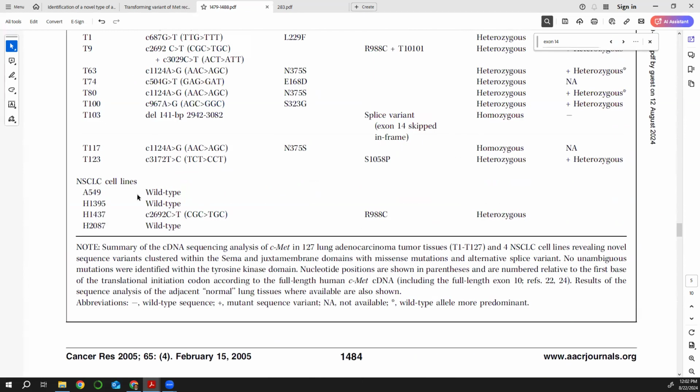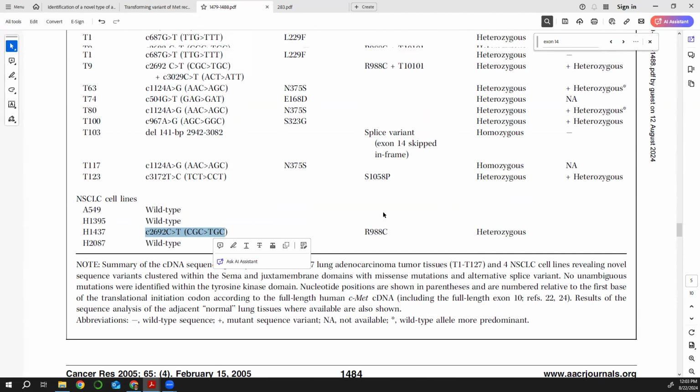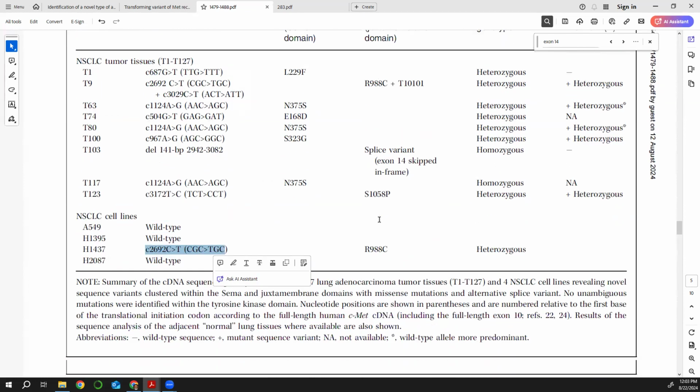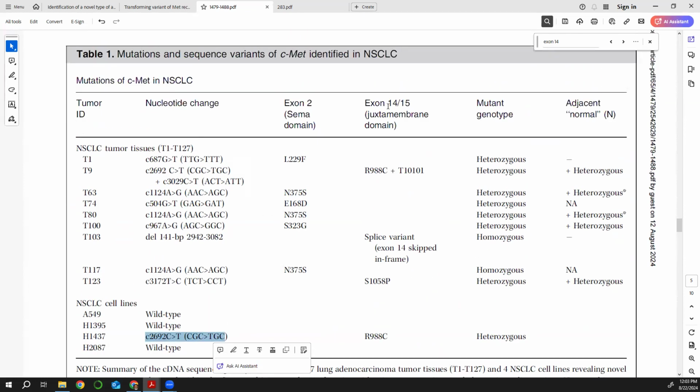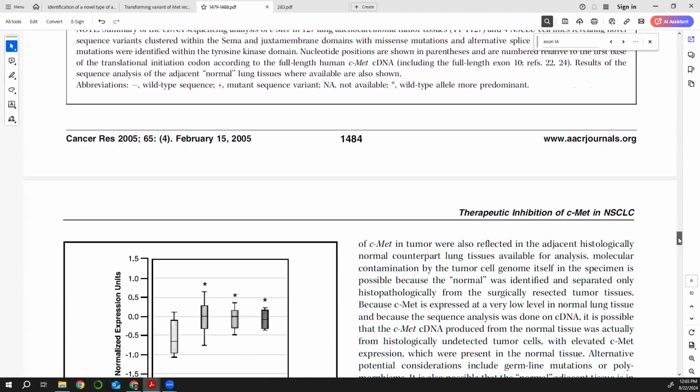I didn't talk about these cell lines, but some of these cell lines were wild type for MET. There was one that had a heterozygous mutation here in the juxtamembrane domain, which is encoded by exons 14 and 15 here. Okay.